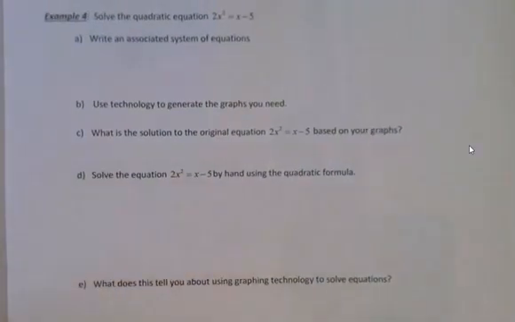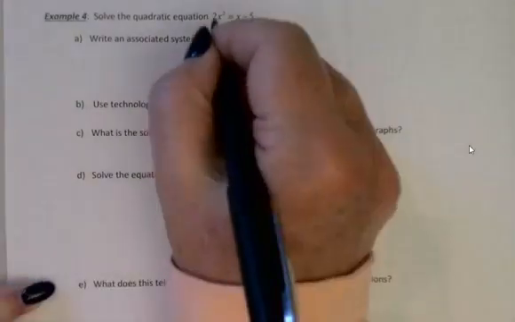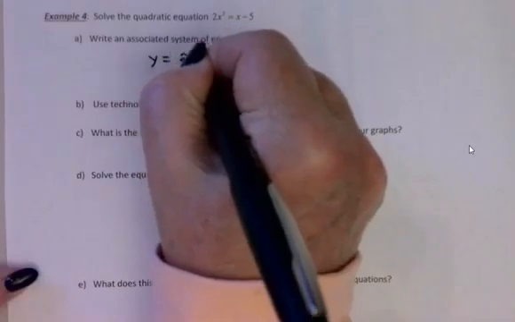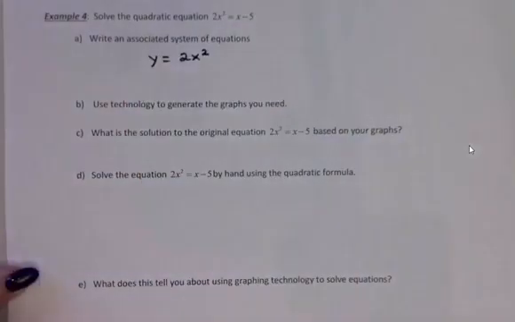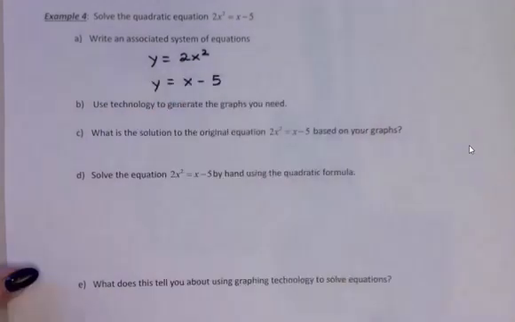All right, our last example for this section, I'd like to solve this quadratic equation. Let's once again break it up as a system of equations. The left-hand side, I would want to graph y equals 2x squared. And the right-hand side, y equals x minus 5.